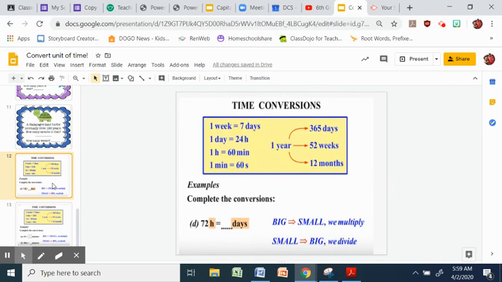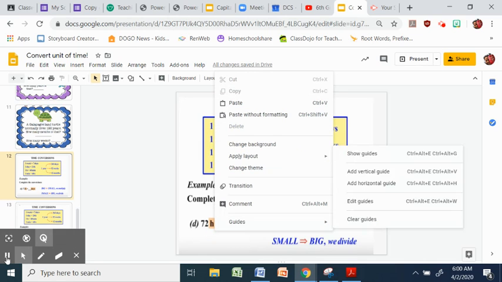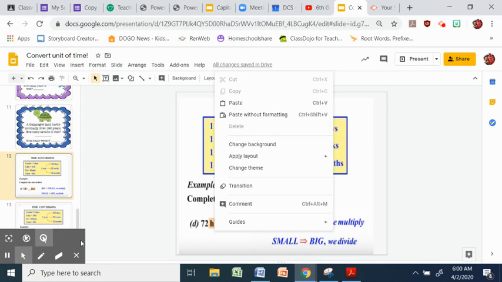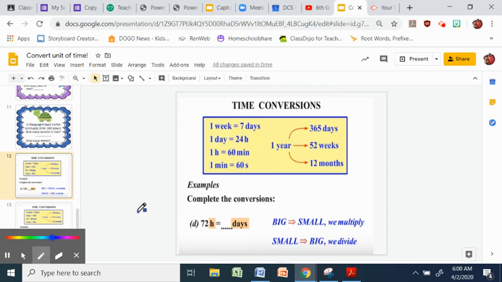Up here, same thing, from hours into days. I'm going to convert from hours into days.